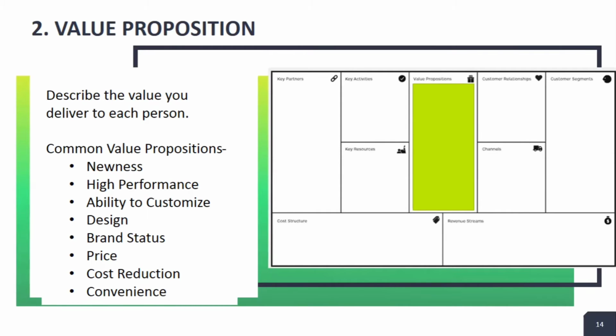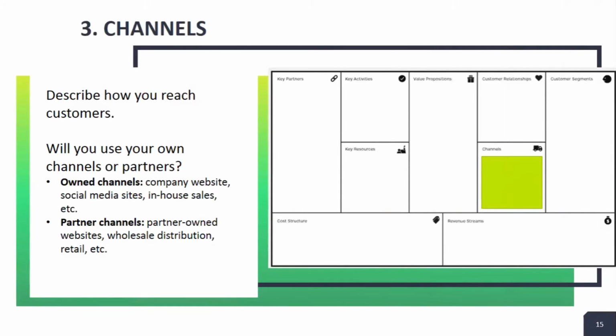Common value propositions are newness, high performance, ability to customize, design, brand status, price, cost reduction, and convenience. Channels. This block is to describe how your company will communicate with and reach out to your customers.